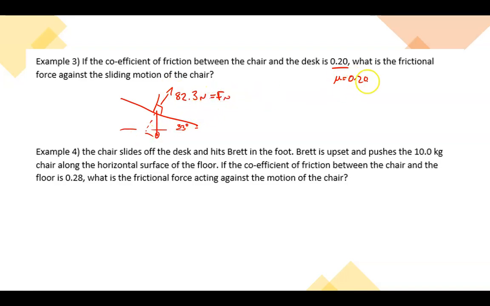We've got the coefficient of friction, so the force of friction is equal to μ times the normal force. So we're really just taking this and multiplying it by 0.2. Now I'm keeping my calculator answer even though I wrote 82.3. We're just multiplying by 0.2. That gets you 16.45 or 16.5 newtons to 3 significant digits.